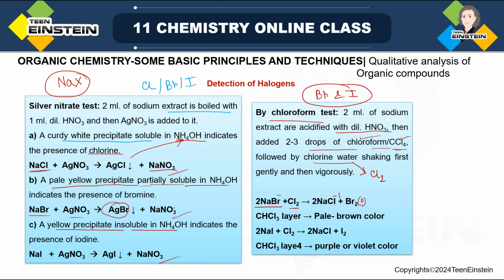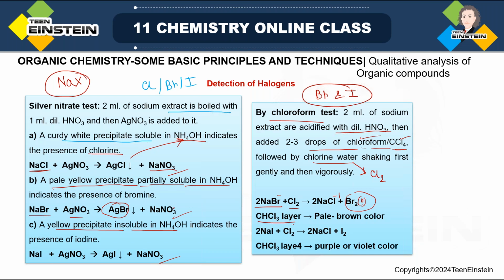Chlorine has this type of oxidizing property, and that is the reason free bromine is present. In the medium you already have, it is not just aqueous medium, you have already added some organic solvent, chloroform or CCl4, any one of these. It is called the chloroform test if you are using chloroform as solvent.